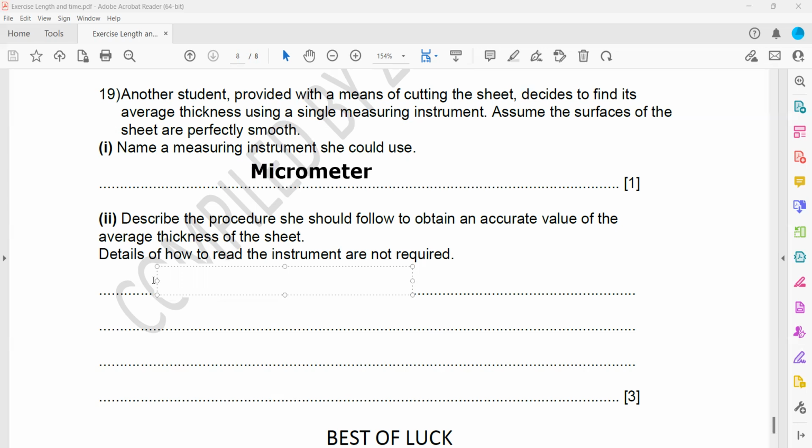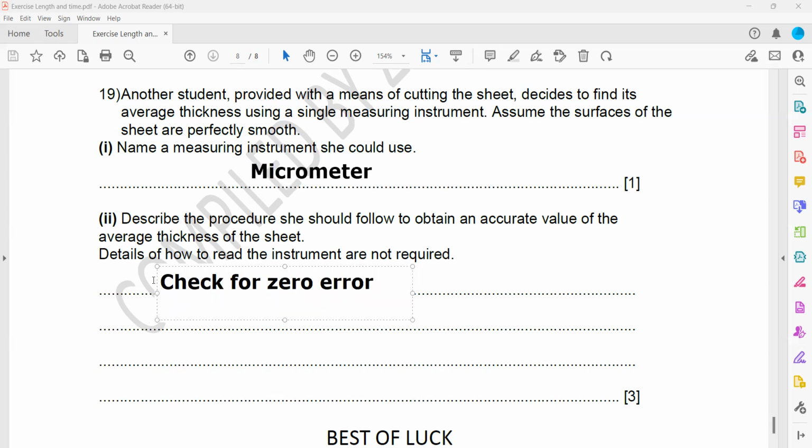For a micrometer, we always first check for zero error. Usually for a micrometer, the main scale and the circular scale may not be in line, so there is an error. So we always check for zero error.